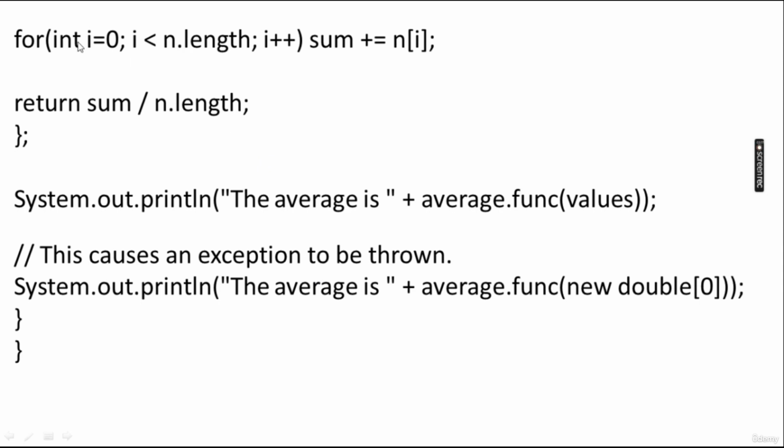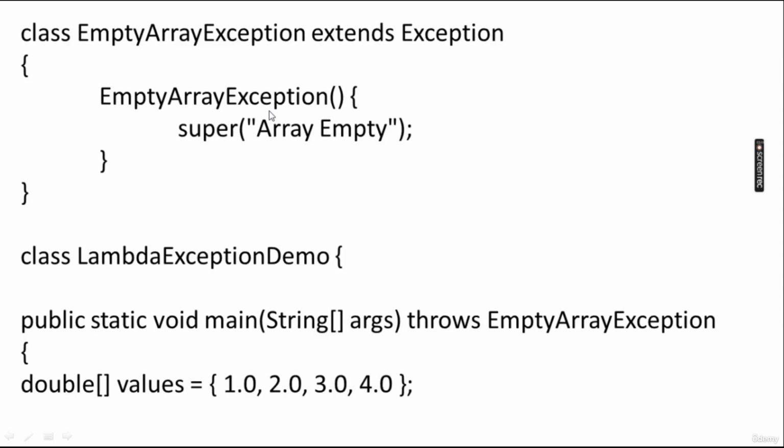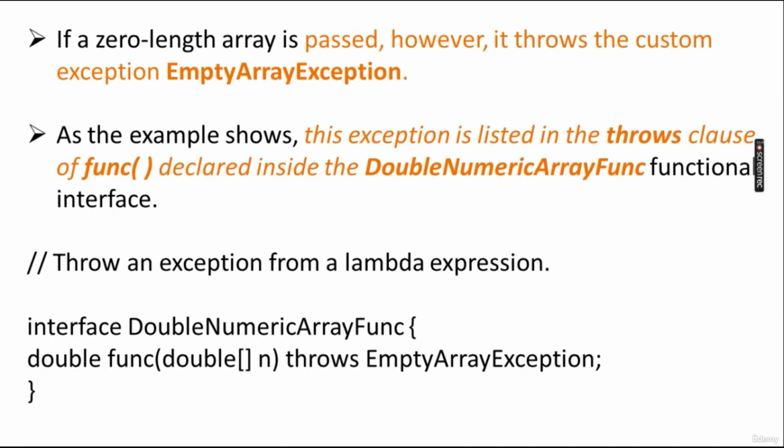Okay, and if that is not empty, then it will be like this: i is equal to 0, i less than n dot length, i plus plus, sum plus equals n of i. Okay, return sum divided by n dot length. So what does it have to compute? It has to compute the average, right?